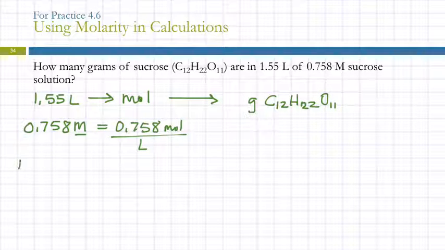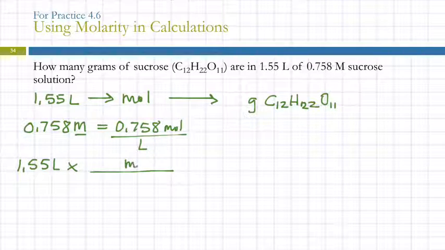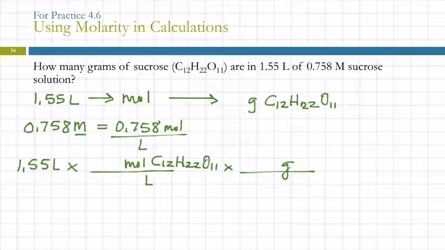So we've got 1.55 liters and two conversion factors. We're going to have moles over liters, moles of sucrose. And then we're going to have another one with grams of sucrose per mole of sucrose.